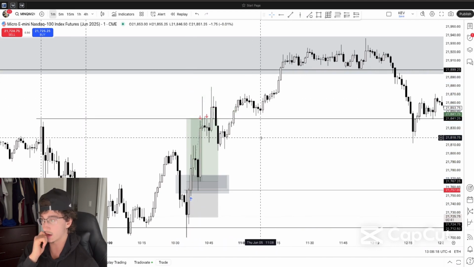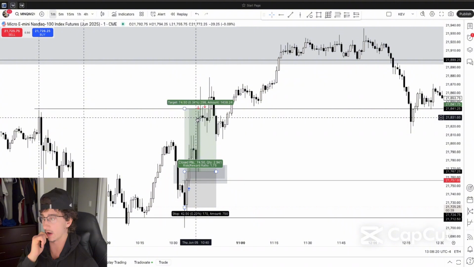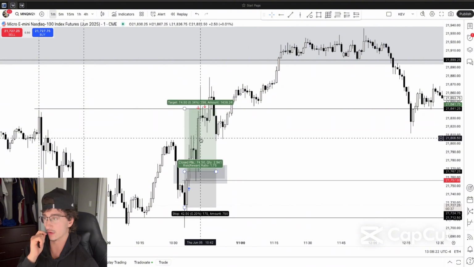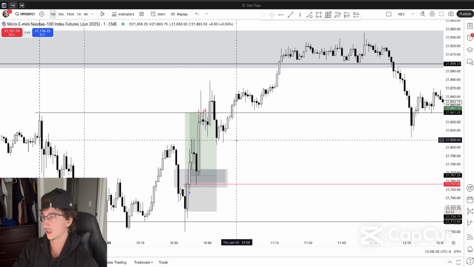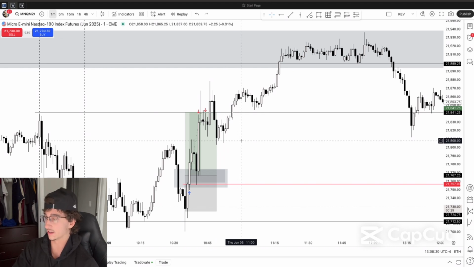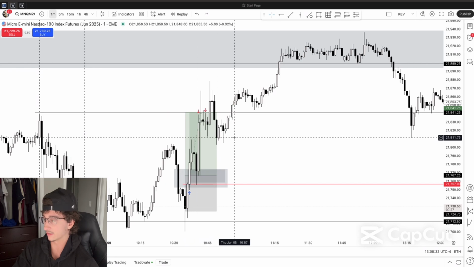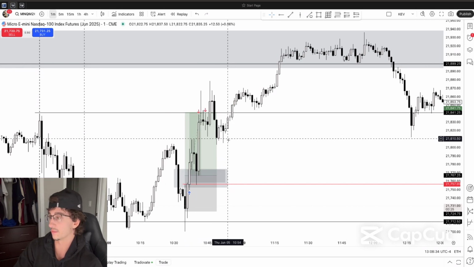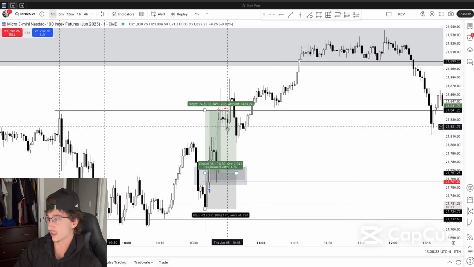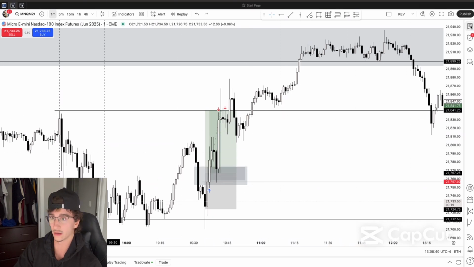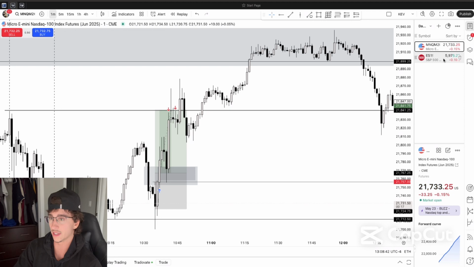However, we had this crazy move up, a 70 point move, taking out our first TP, which I loved, but I didn't like because of how crazy it was. Had me second guessing my bias. Obviously, bull run, gotta love it. But a little crazy for me.